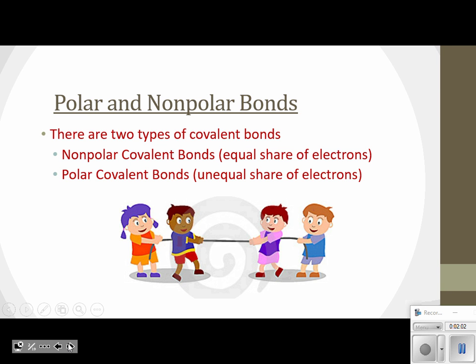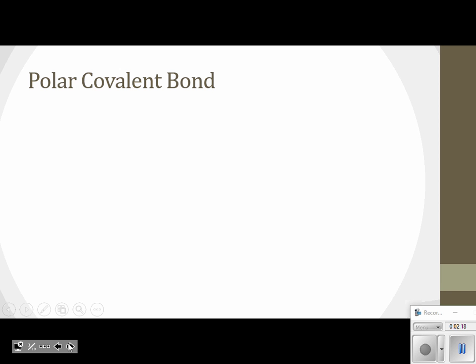The tug of war is pretty even. However, if it is a polar covalent bond, then one of those elements is winning the tug of war. Somebody is pulling the electrons closer to their nucleus.